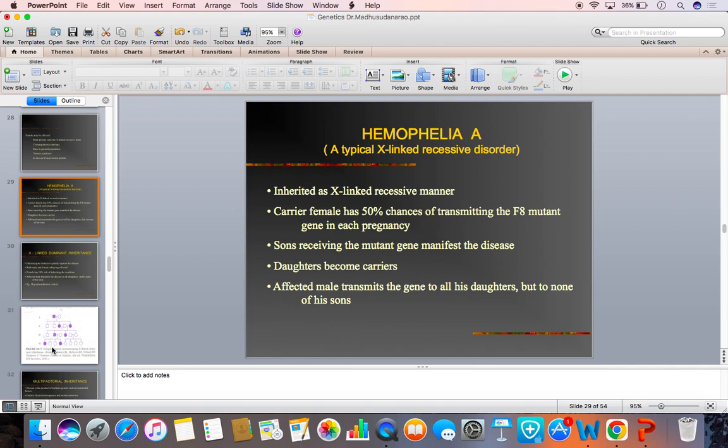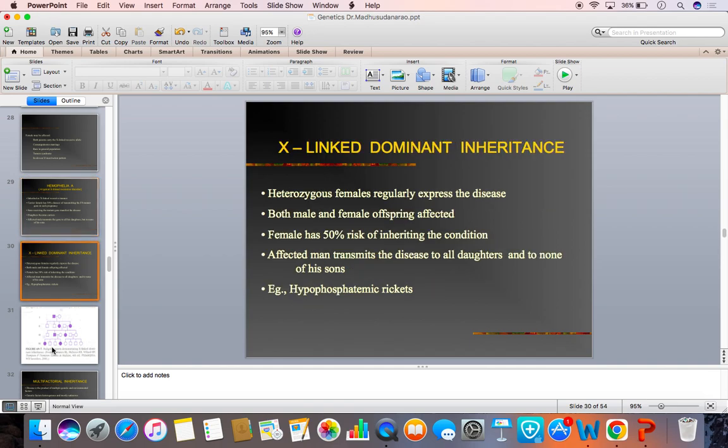Sons who receive the mutant gene manifest the disease. Daughters are the carriers. The affected male transmits the gene to all his daughters, but to none of his sons. This is the feature of sex-linked inheritance.